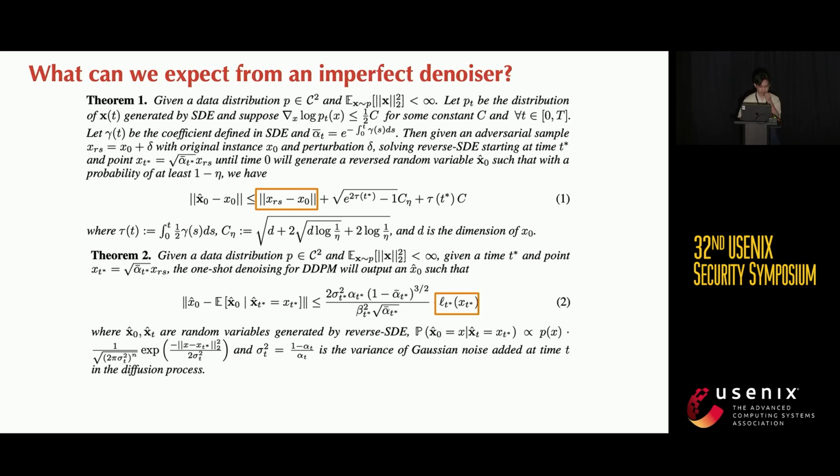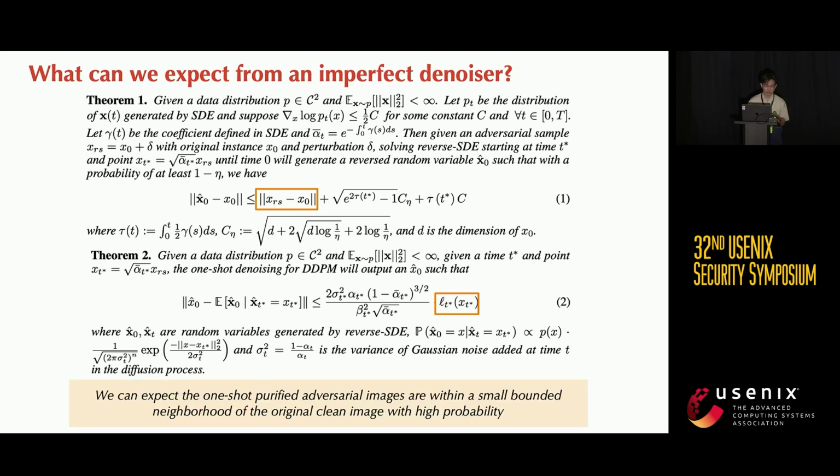Also, as you can see here, the coefficient is quite complicated, but in practice, it is usually smaller than 1. So by combining these two equations, we can conclude that the one-shot purified adversarial images are within a quite small bounded neighborhood of the original clean image with high probability.